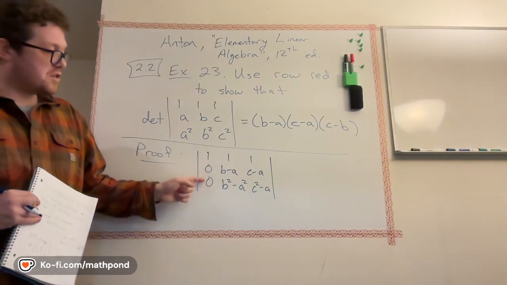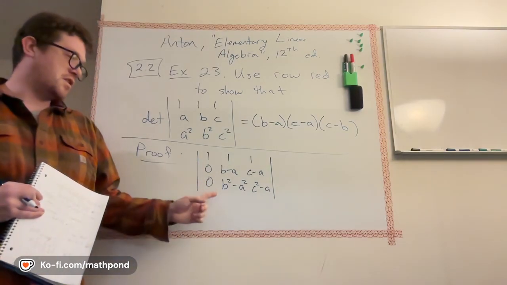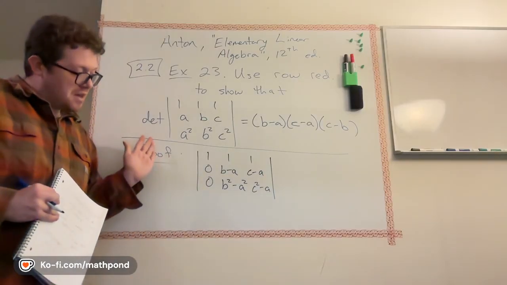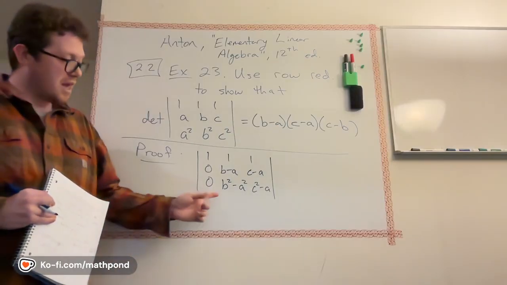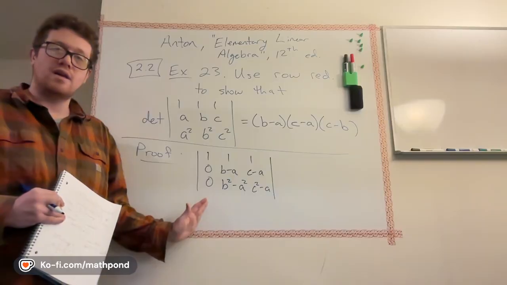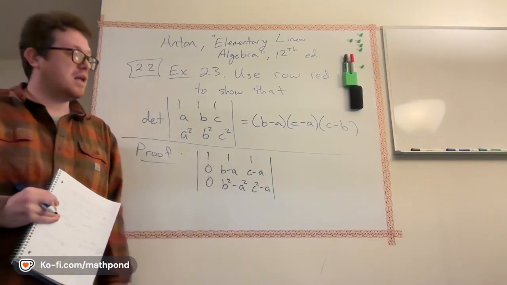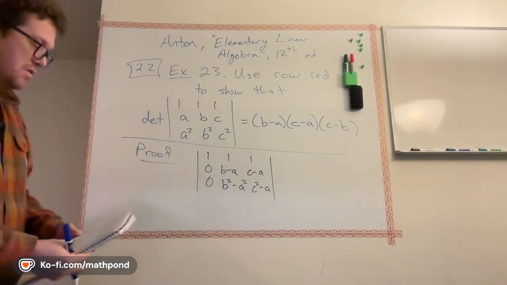And because we've introduced these extra zeros, it becomes easier to calculate the determinant of this smaller matrix. It becomes very easy if the whole matrix is upper triangular or lower triangular. So we're going to keep doing these row operations until the matrix is completely upper triangular, and then the determinant is just the product of the diagonal entries. So that's what the process is.